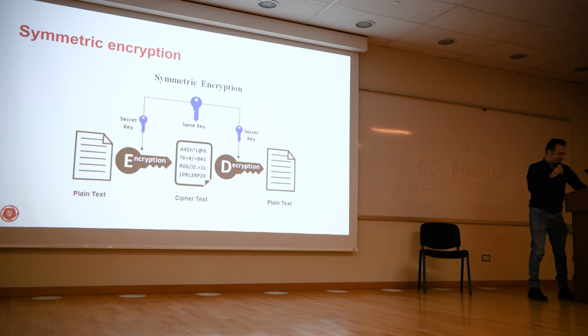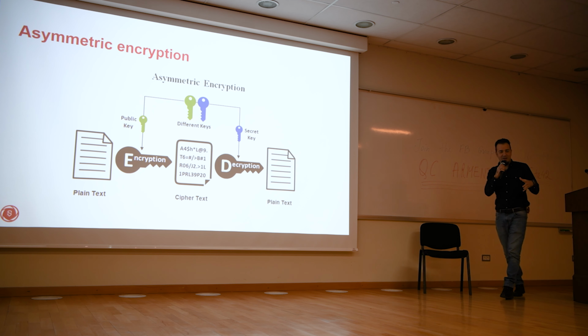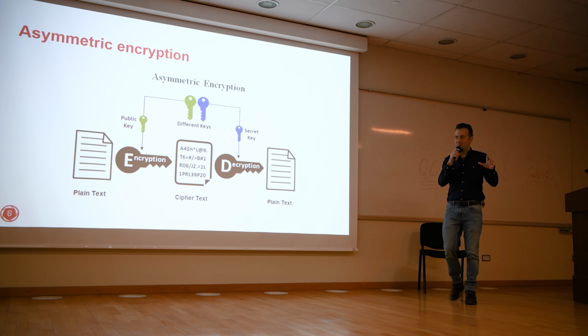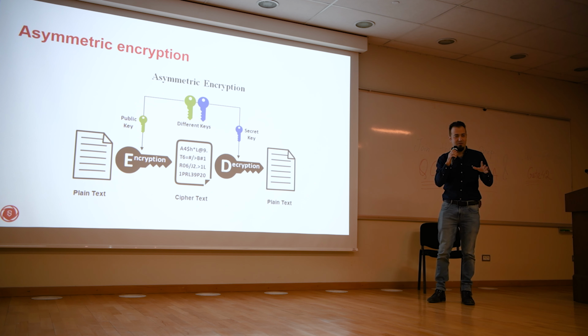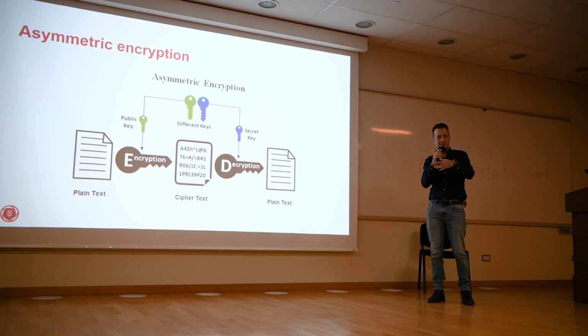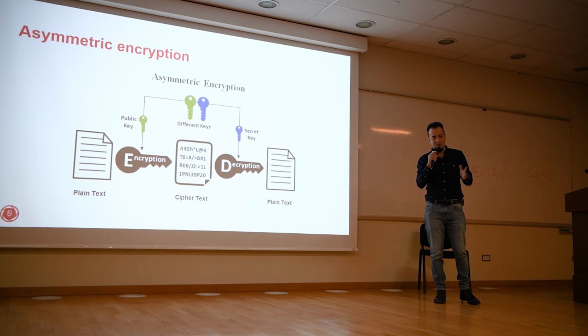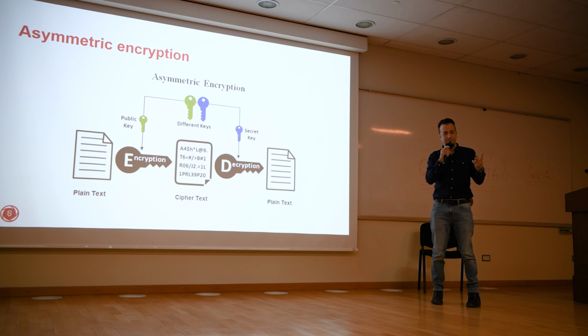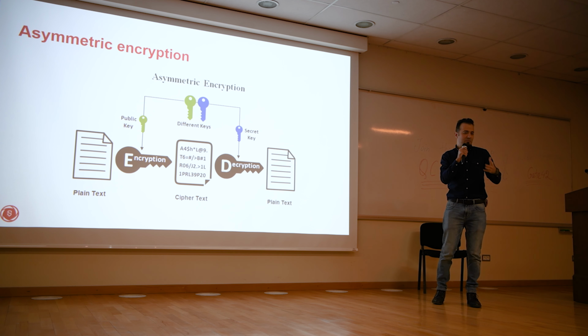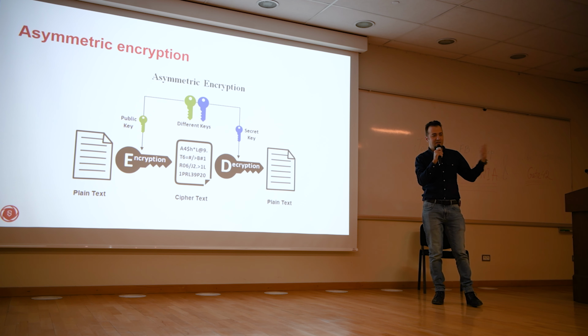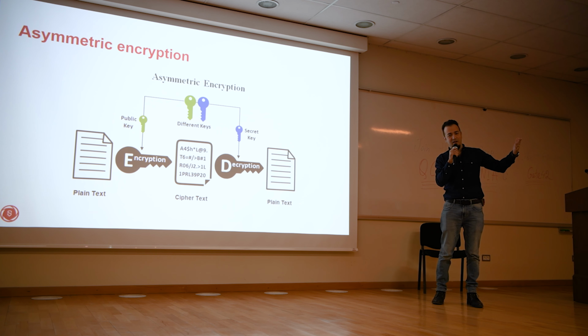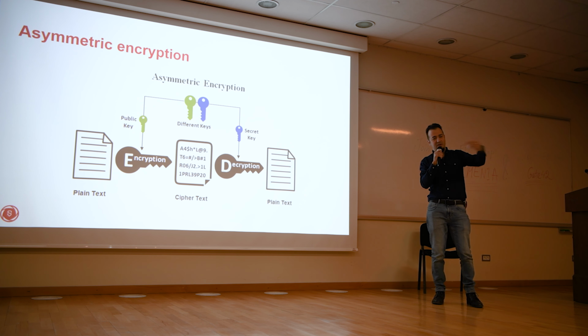Okay, so the next one is asymmetric encryption. Again, it's a pretty simple idea. It has pretty complex math behind it, as you saw earlier, but we're not going to dive into it. The idea is pretty simple. You have two keys. We just name them public and private key, and the idea is you encrypt with one key, and you can decrypt only with the other one.